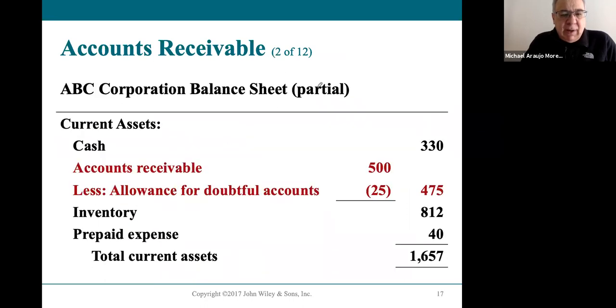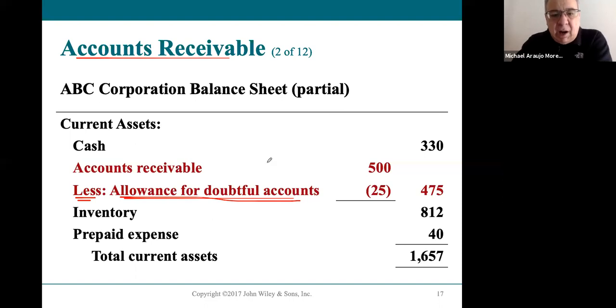First, how accounts receivable looks on the balance sheet of a corporation. Accounts receivable will be listed next to another account called the allowance for doubtful accounts. Now, the allowance for doubtful accounts is a contra asset account. So it's a real account, but it has an opposite balance to receivables.